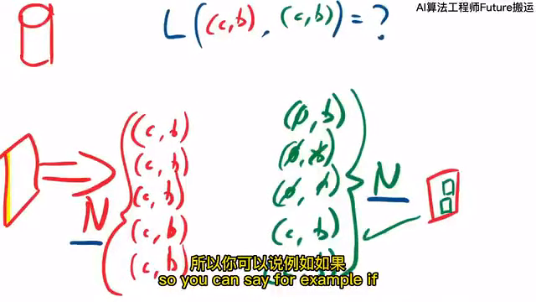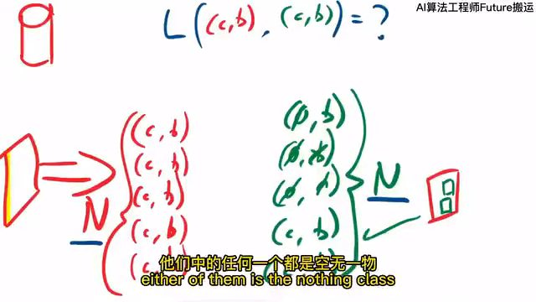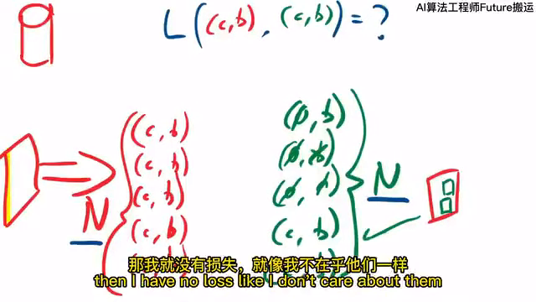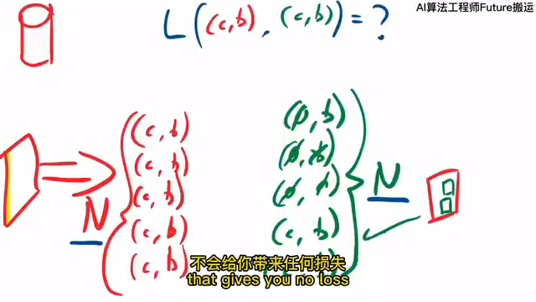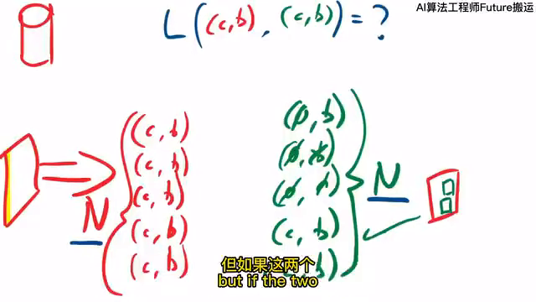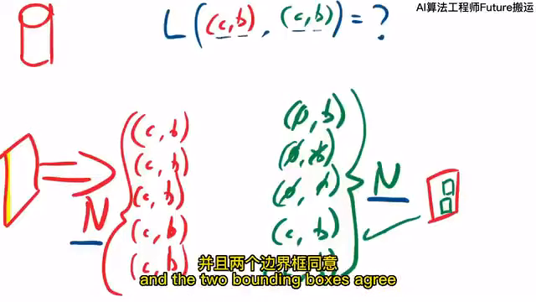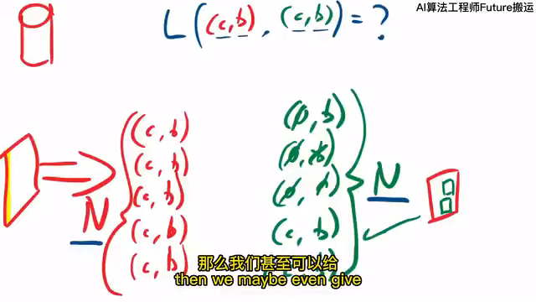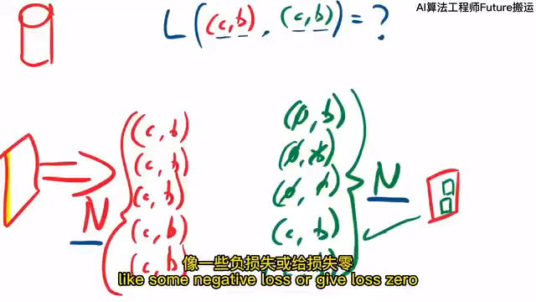So you can say, for example, if either of them is the nothing class, then I have no loss. I don't care about them. That gives you no loss. But if the two classes agree and the two bounding boxes agree, then it's very good. Then we maybe even give some negative loss or give loss 0.